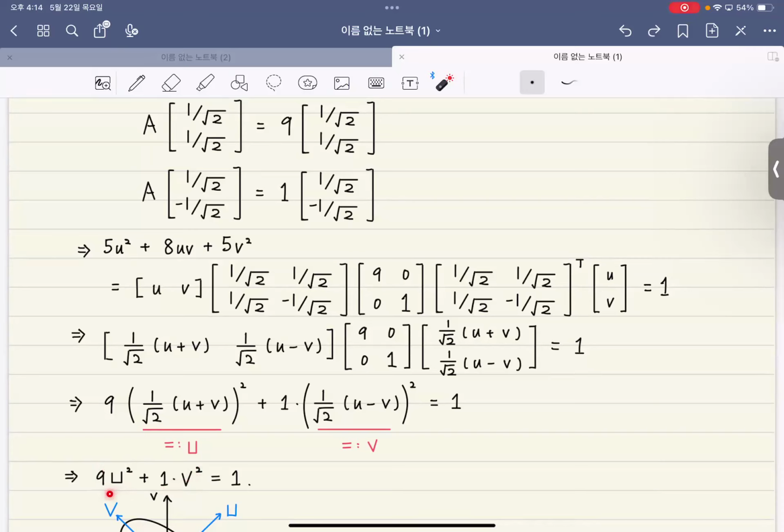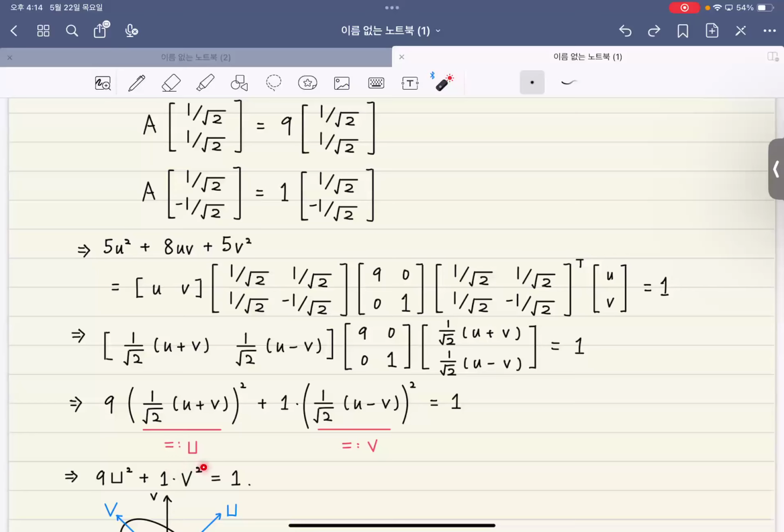As you can see, since this is a diagonal matrix, it does not involve any term that has U times V. I strongly believe you can draw the picture of this because it doesn't involve any term of U times V.